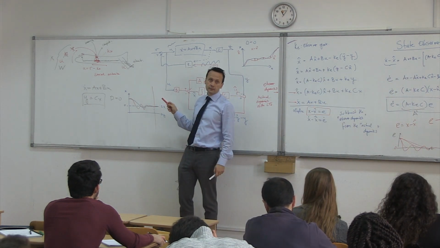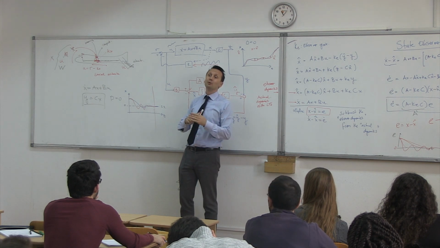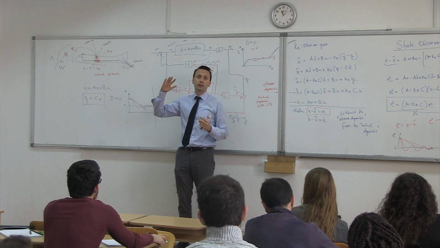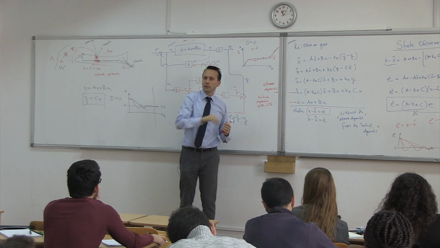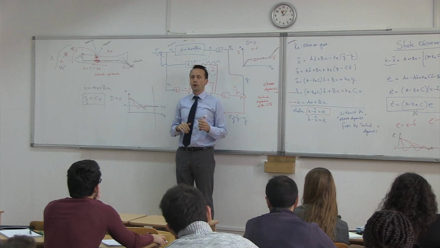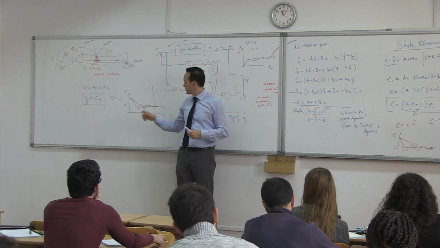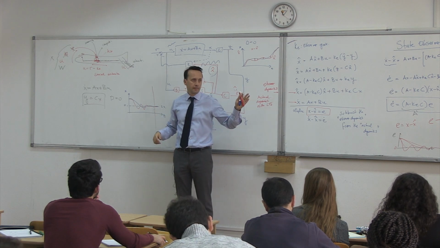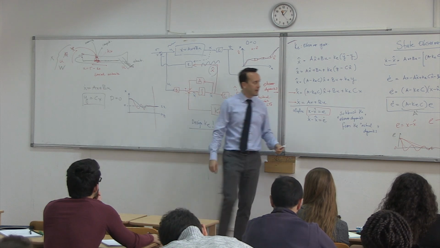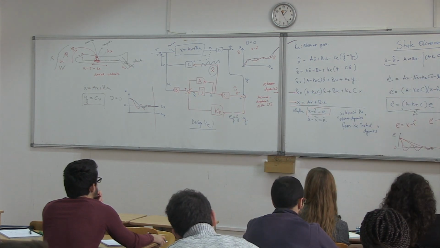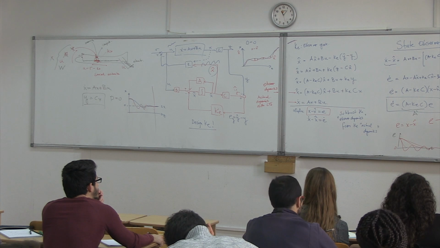So if the requirement is to take the airplane and settle it, not as fast as possible, but in a certain eigenvalue in a closed loop system, you could still achieve it with this. But if you have more oscillations than this guy, then you will see a lot of oscillations.